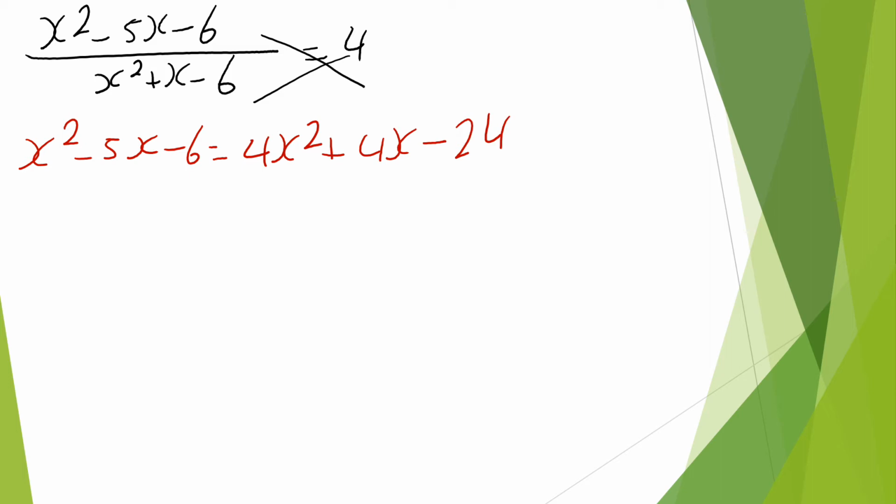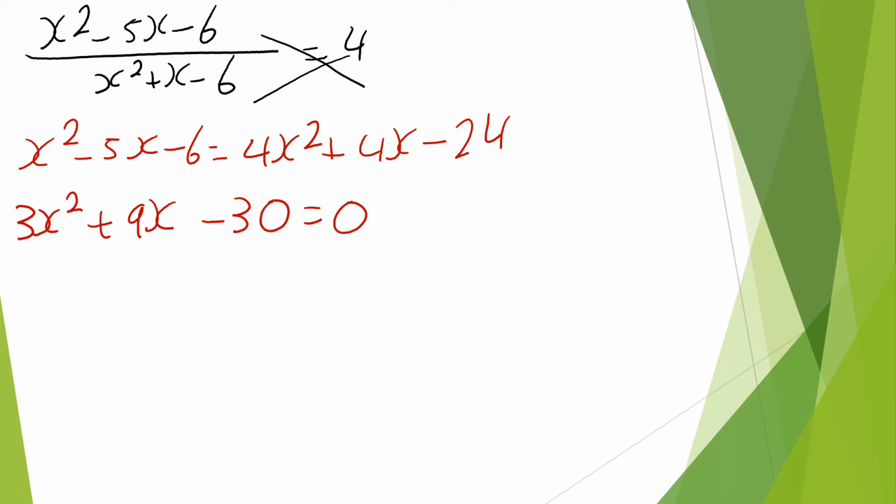Now we rearrange to make it equal to 0, because the first rule to solve a quadratic equation is that it must be equal to 0. So I'm moving everything to the other side, and we rearrange and collect like terms. So we've got 3x squared plus 9x minus 30 equals 0.